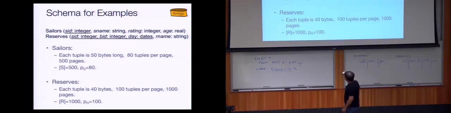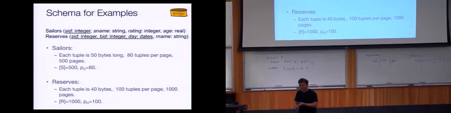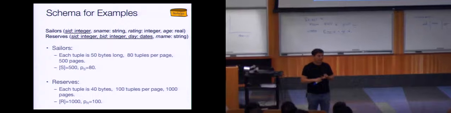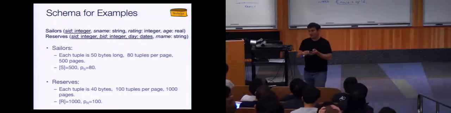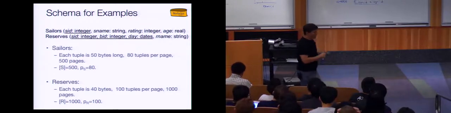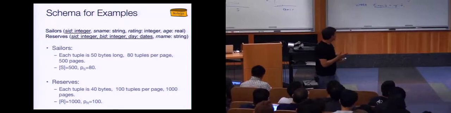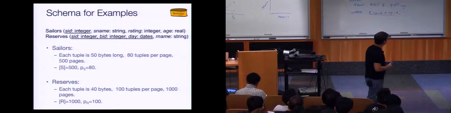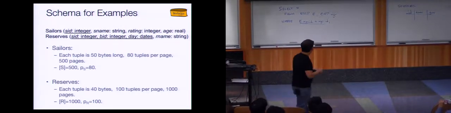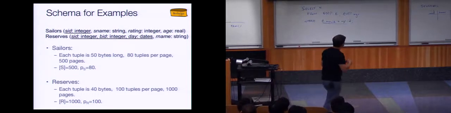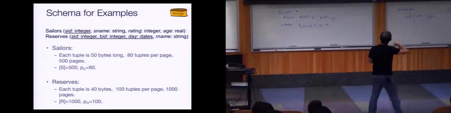So the key of the reserves relation is sailor ID, boat ID, day, which means that a given sailor can only reserve a given boat once per day. Right? And when you know those three things, then you get exactly one row out of the reserves table. And there's a reservation name, which is a string, so we can pull up that reservation later on, or it describes the reservation. It's not important, but there's an extra attribute.